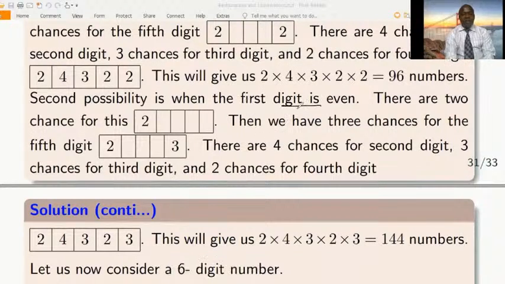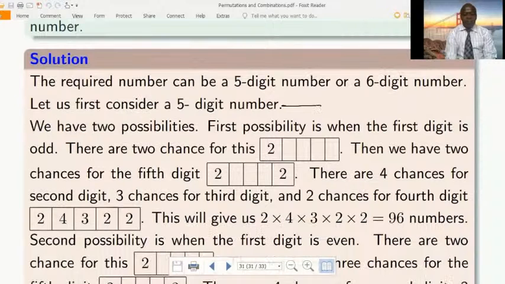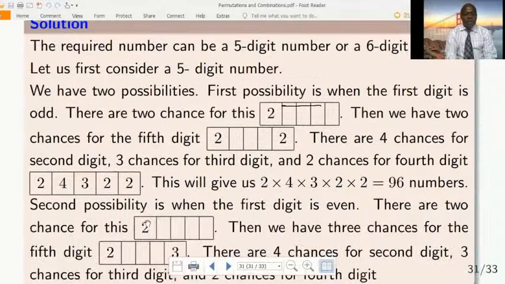How many even numbers did we have? We had 2, 4, and 8. But if 2 is the first number, the number formed will not be greater than 40,000. So it's either 4 or 8, which are 2 chances.